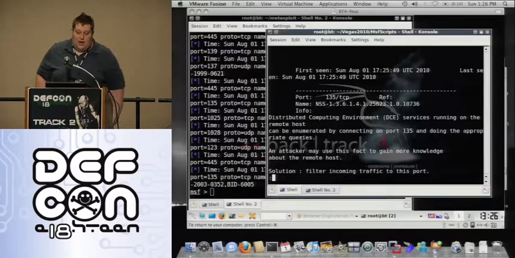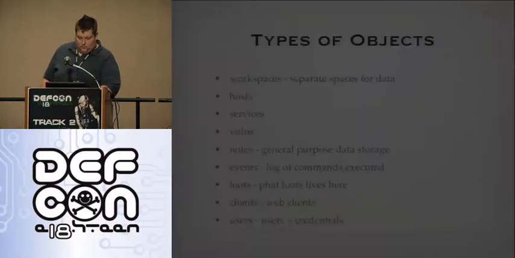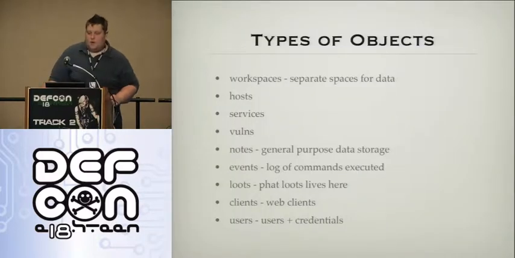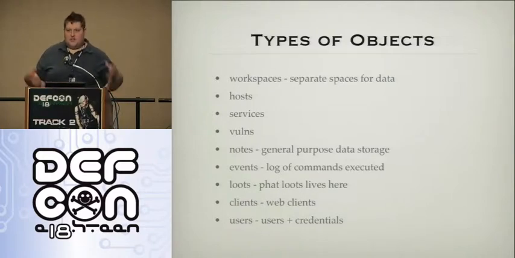So at this point, I'm going to talk about code and how it all fits together for people who are interested. There's a couple different types of objects that are involved here. The first is Workspaces. Workspaces sets a chunk aside for the project that you're working on.